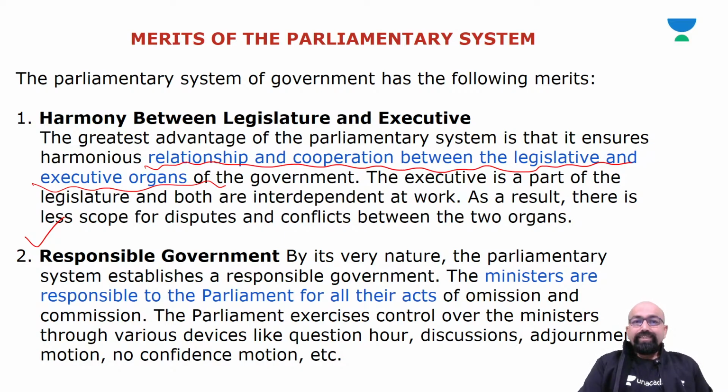So in the parliamentary system, the ministers are responsible to the parliament for all their acts of omission and commission. Right. So the parliament exercises control over the ministers through various devices like questions, discussions, adjournment motion, no confidence motion, etc.